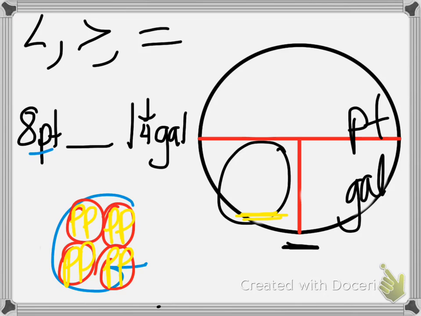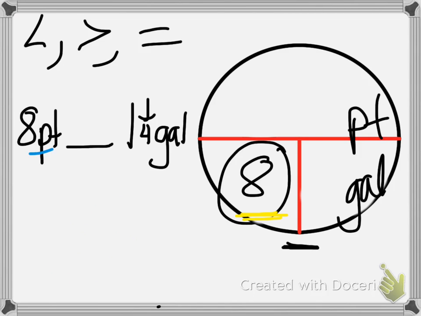So I have 8 pints on the left, and I want to know how many pints is 1 1/4 gallon. Well, let's see, I've got 1, 2, 3, 4, 5, 6, 7, 8 pints in 1 gallon. Oh, well, wait a minute. If I have 8 pints in 1 gallon, then I definitely know that 1 1/4 gallon is going to be bigger. But I'm going to show you how to solve this anyways.